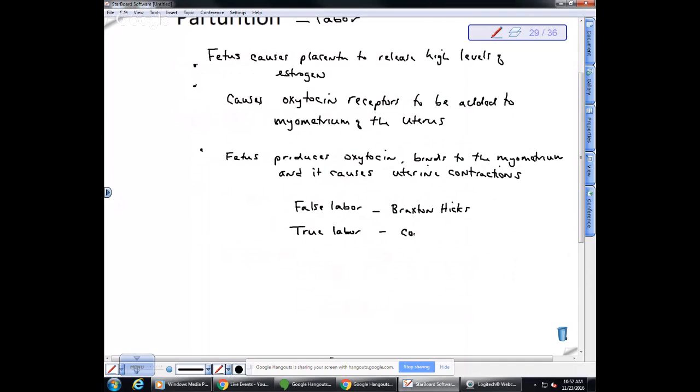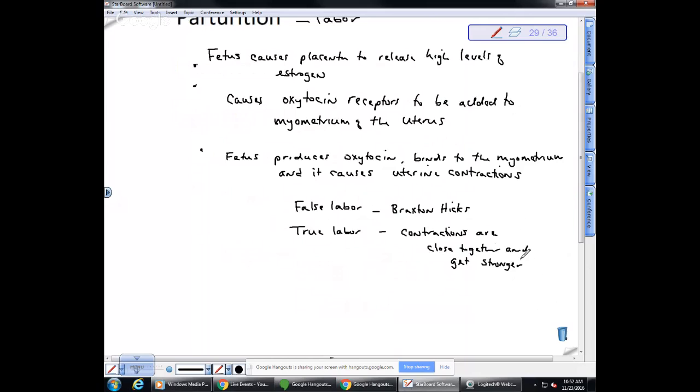So you can time them, right? How close together they are. They're synchronized, they're close together. And they get stronger. Okay, so that would be true labor.